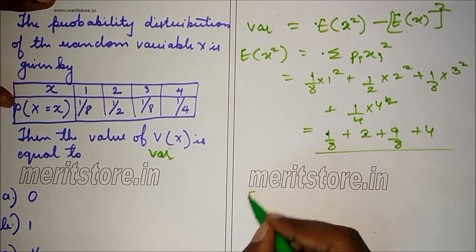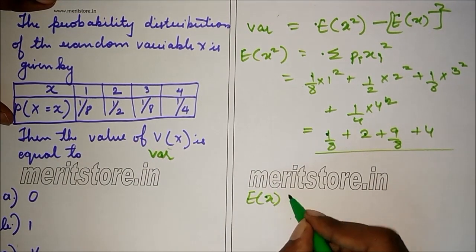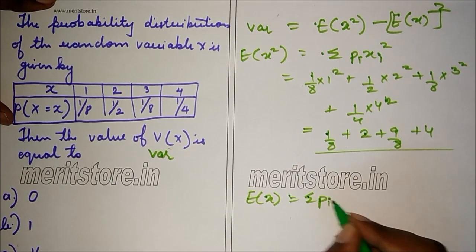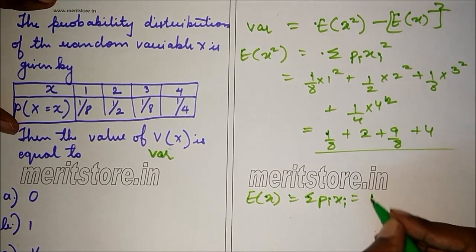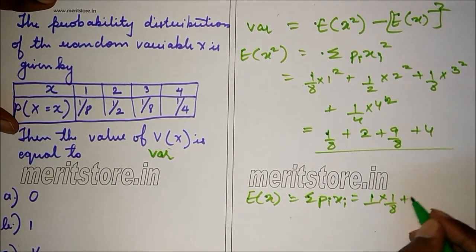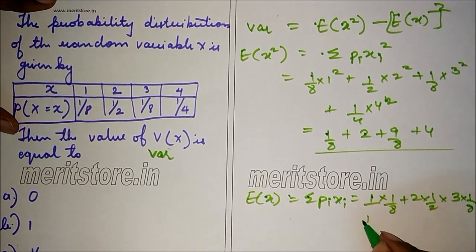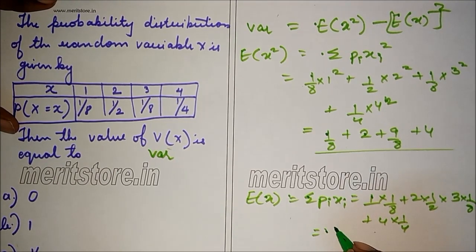Now E of x is summation pi xi. So this is equal to 1 into 1 by 8 plus 2 into half plus 3 into 1 by 8 plus 4 into 1 by 4, and this is equal to 5 by 2.